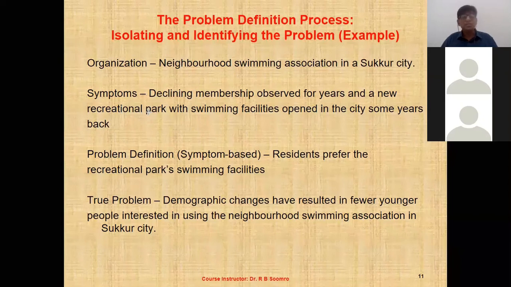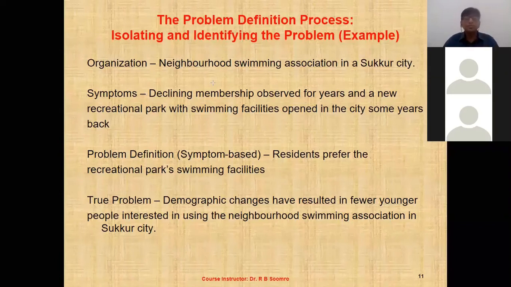Now this park offers not only swimming but also recreational facilities, so there are double attractions. In your case there is only one attraction, swimming, but there the double attraction is recreation as well as swimming. So people are attracted by your competitors, not by you, and day by day you are losing your market share.